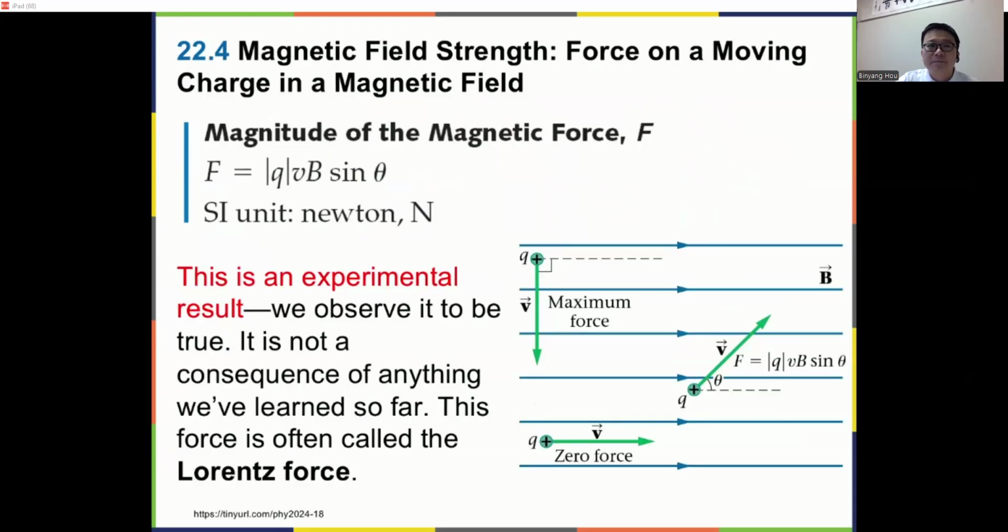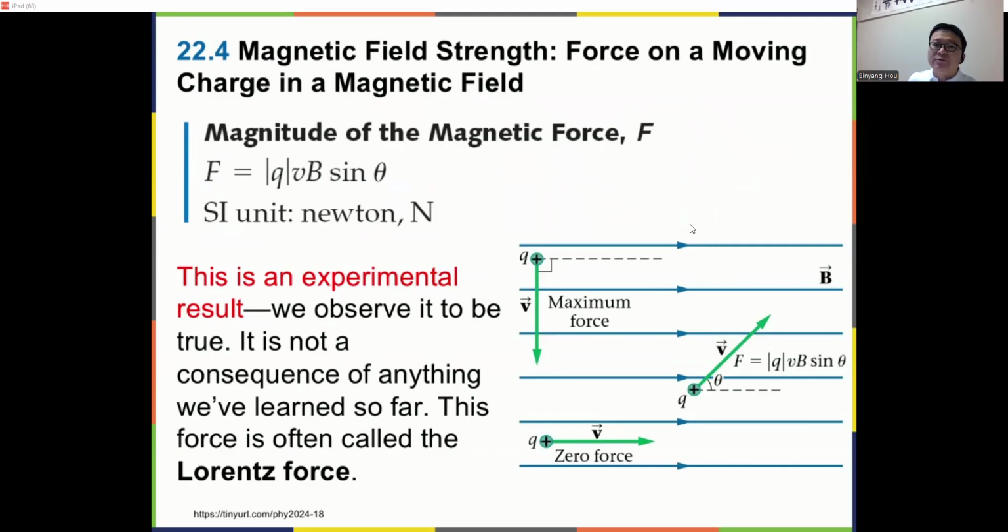All right. Next, let's take a look at charged particles in a magnetic field. This is again an experimental observation.